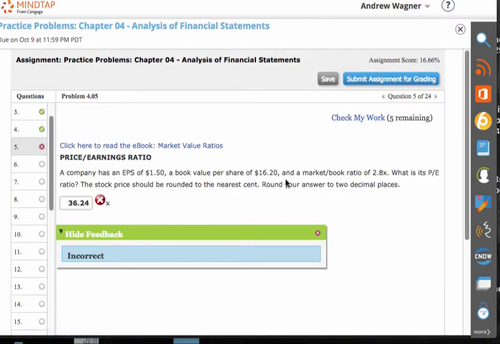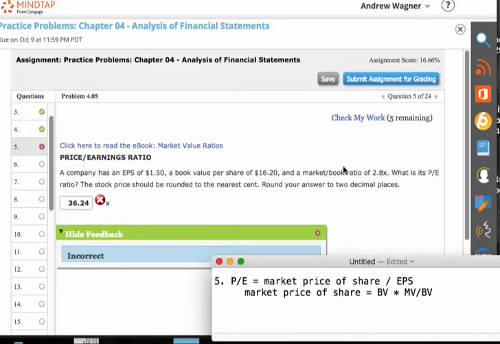Yeah, that's incorrect. So what did I do wrong? I think what's happening here is I couldn't tell whether that was a 6 or a 0.